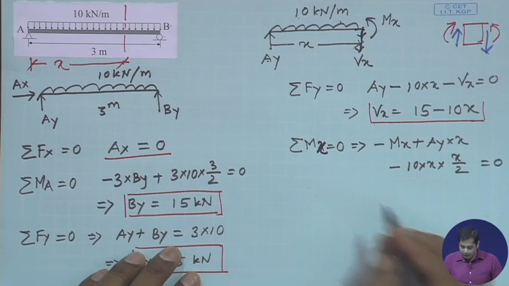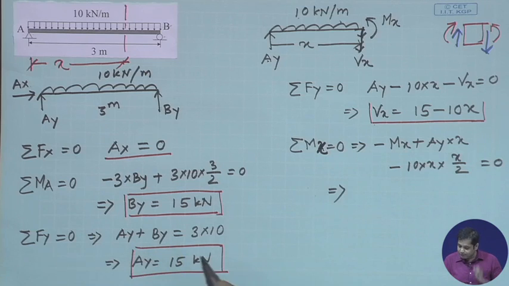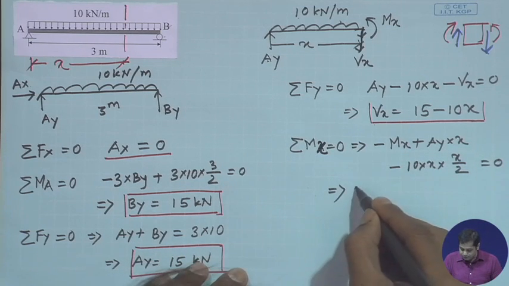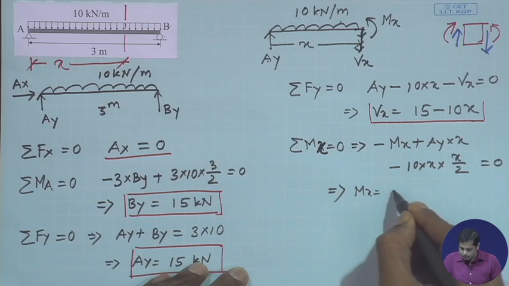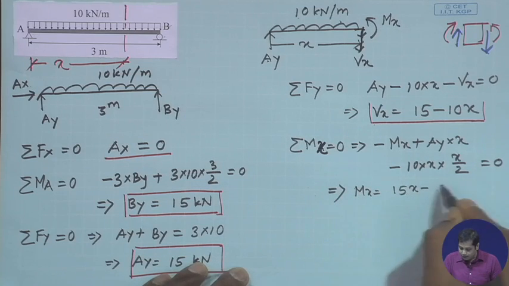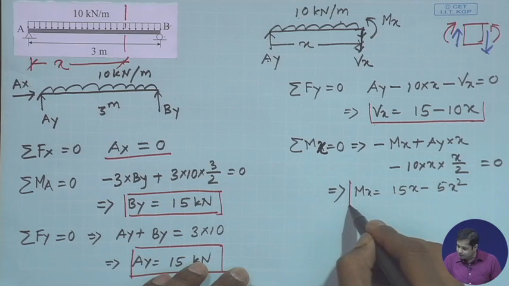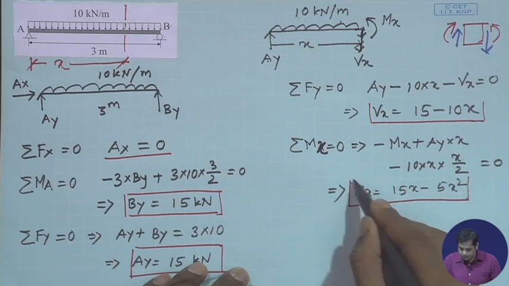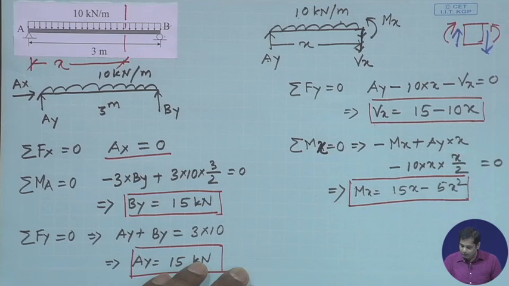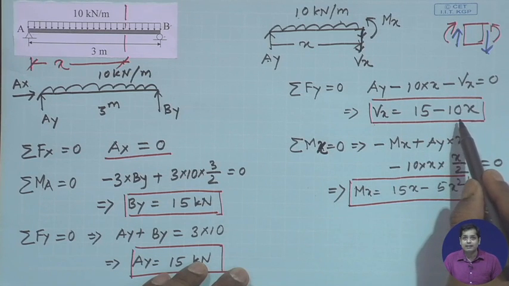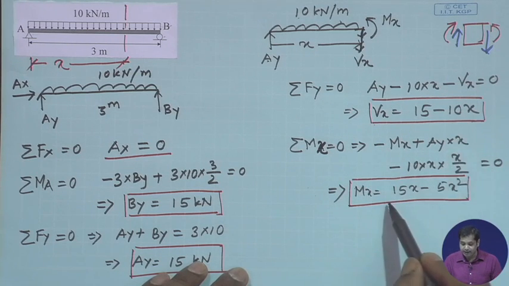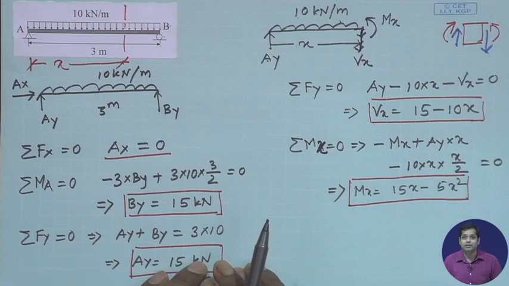Okay. Now, this gives you Ay is equal to 15, which we know, and this gives you Mx is equal to 15x minus 5x square. So, this is how Vx varies with x, and this is how Mx varies with x.